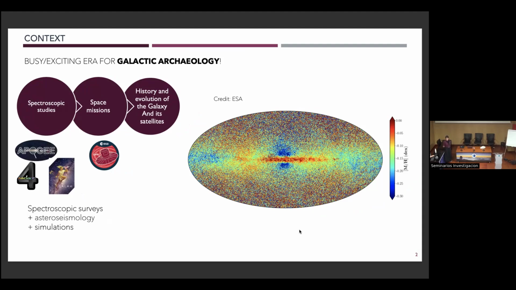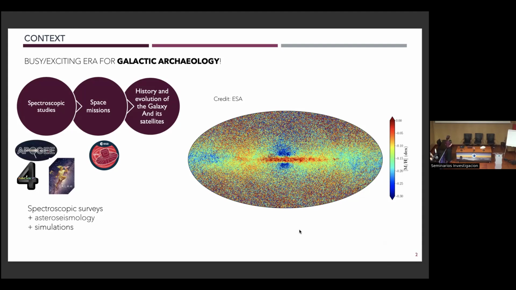So the synergy between all this data is really allowing us to study and understand the history and evolution of our galaxy, to build beautiful maps like this one, the very famous one, where we can basically distinguish the metal-rich thin disk, the bulge mixed with the more metal-poor thick disk.